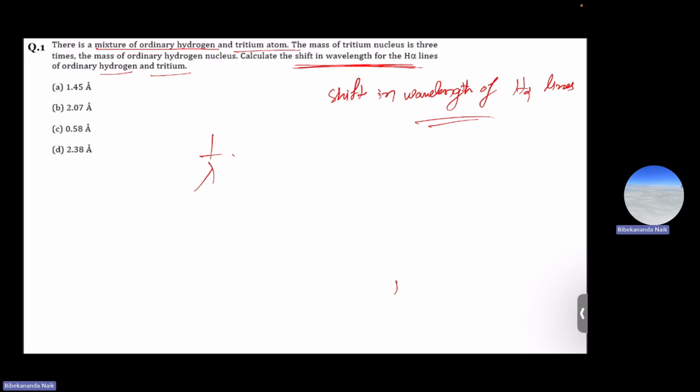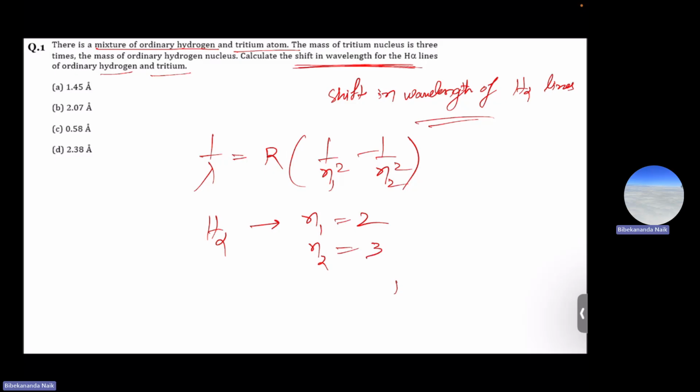It is 1 by lambda equals R times (1 by n1 square minus 1 by n2 square). For H alpha, what are the values? n1 is 2, n2 is 3.